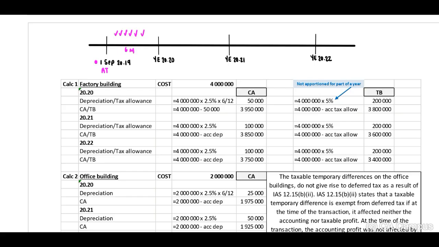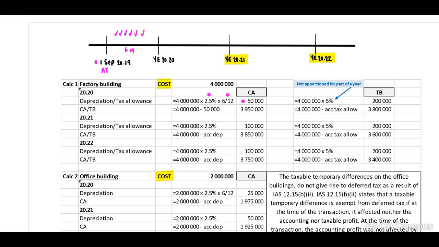We need to determine the carrying amount for 2021 and 2022. Therefore, when you look at the calculation, I have included the cost of our factory building, 4 million, office building, 2 million. Therefore, the 4 million times 2.5% times 6/12, and this will be depreciation for 2020 of 50,000.